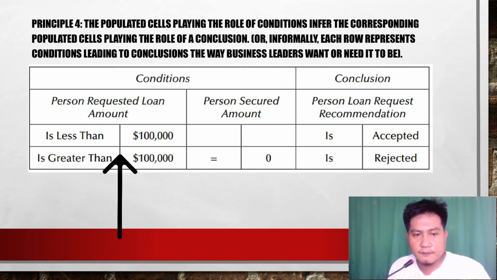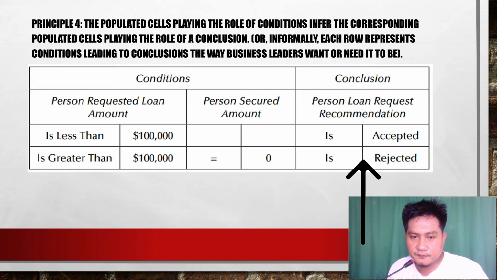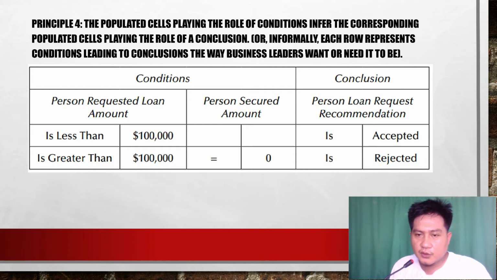So as you can see, the answers to these two conditions will be the basis of this conclusion. Okay, that is the principle number 4. So all content, all values, or all results posted in your conclusions are based on your conditions.